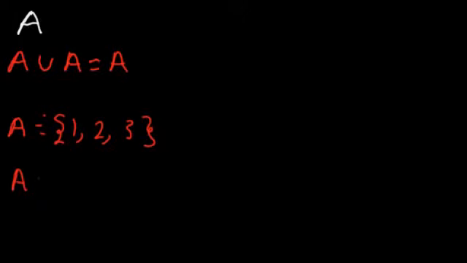So what will be the value of A union A? So the set of A union A will be equal to a set that consists of elements in A, either A or A. So it's still going to be 1, 2, 3. So therefore, this law is true, okay, for all cases.